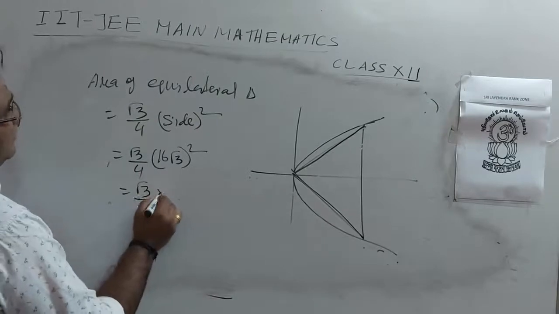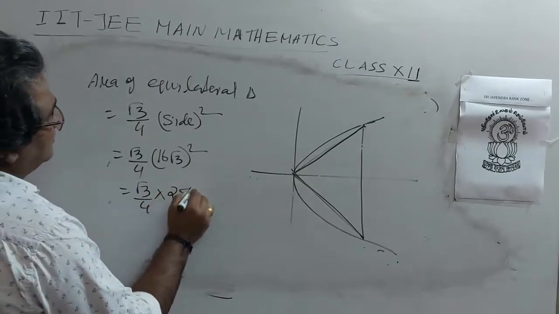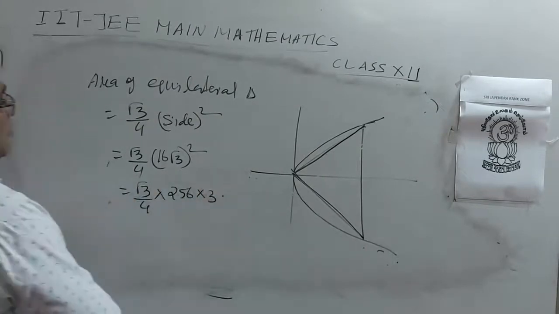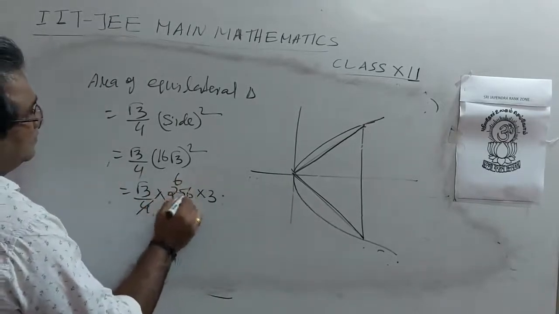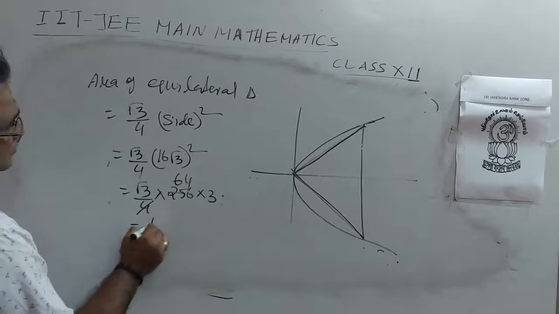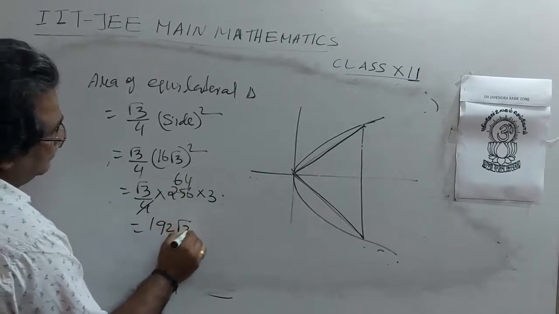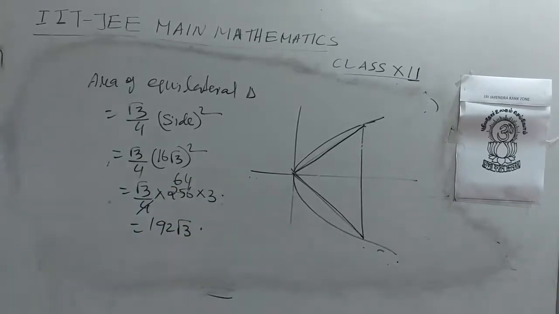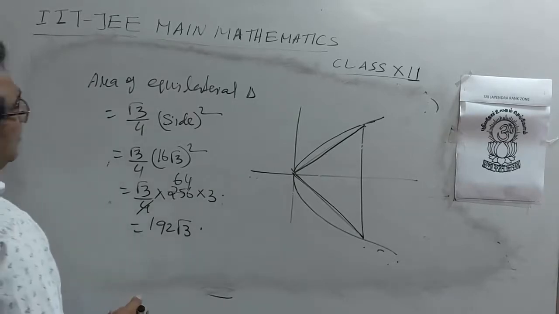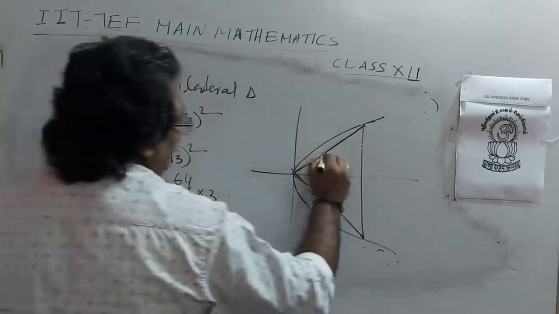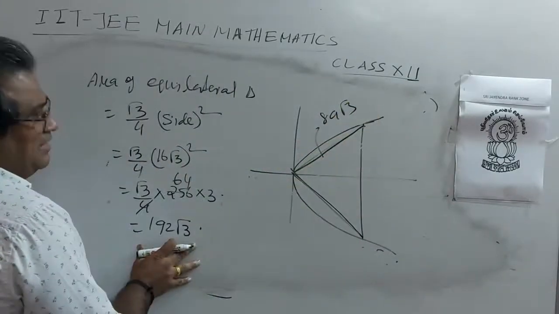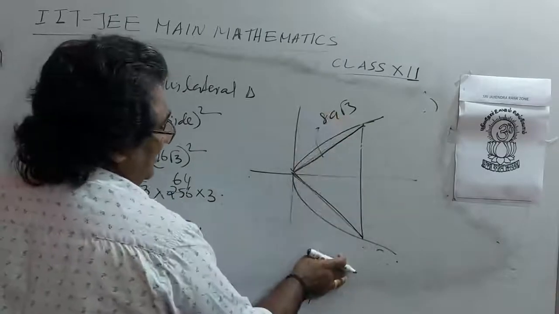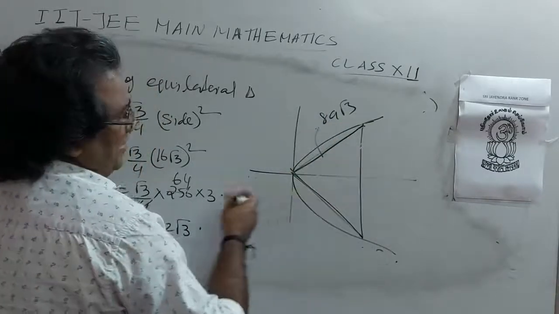Root 3 by 4 into 256 into 3. That is 192 root 3. If you know this formula, length of the side is 8a root 3, you can find the results straight away. Otherwise, you have to find the side 8a root 3, then you have to apply this.